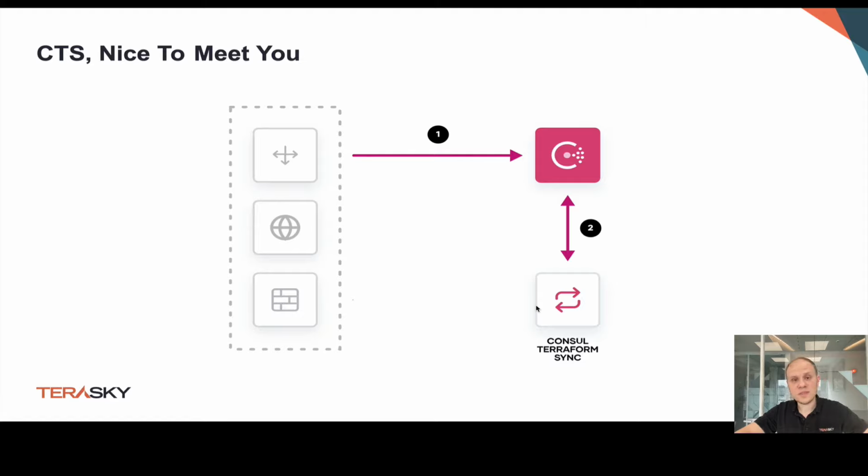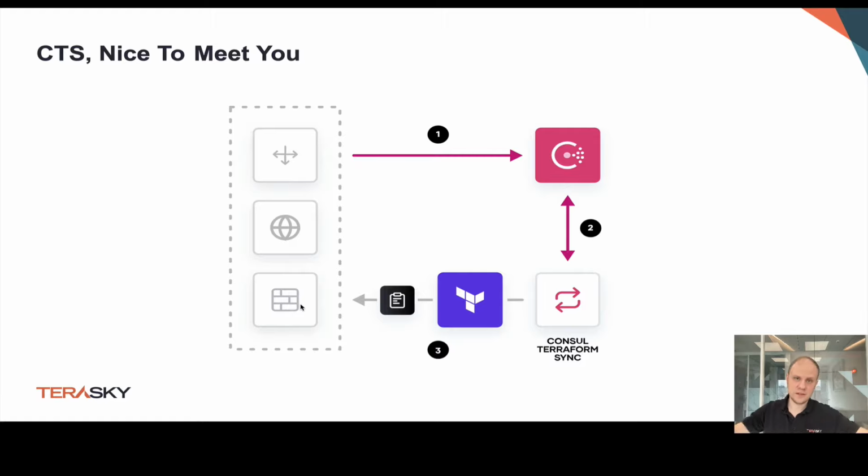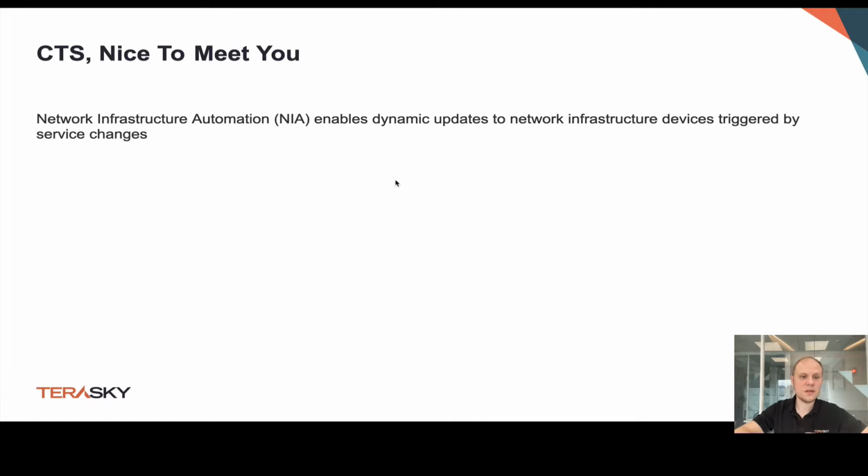And Consul-Terraform-Sync will trigger Terraform that will configure the firewall with the required changes, right? So it sounds like it's mainly around networking. Now, if you take a look at the documentation, it literally calls it network infrastructure automation that enables dynamic updates to the network infrastructure devices triggered by service changes.